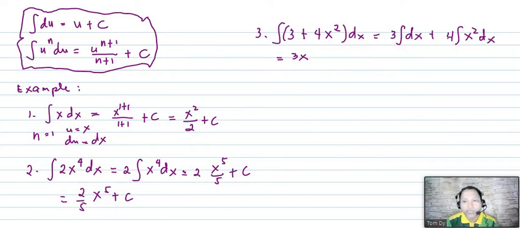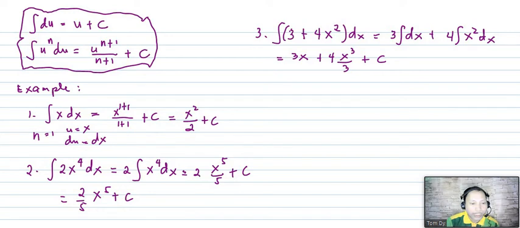And then this one, this is 4 integral of x squared equals x cubed over 3, plus 4 x cubed over 3 plus c. So that will be our final answer for number 3.